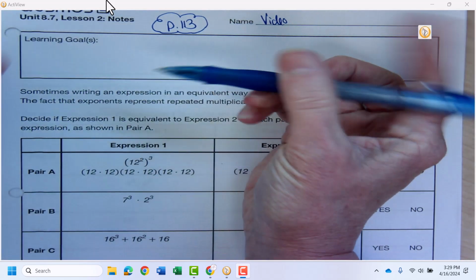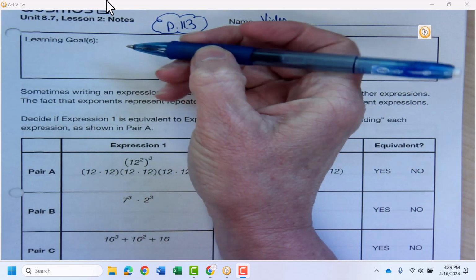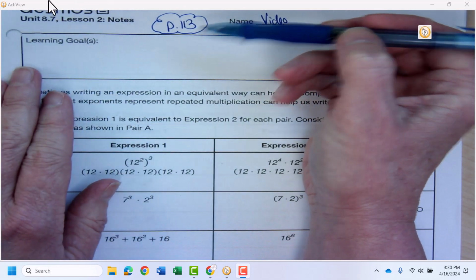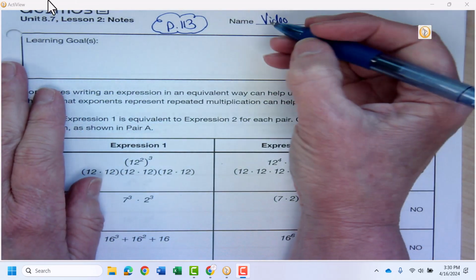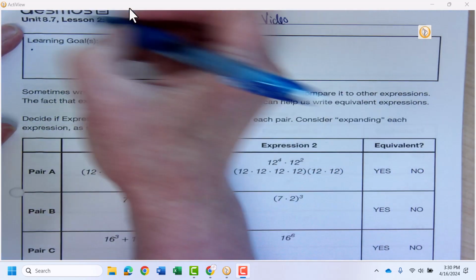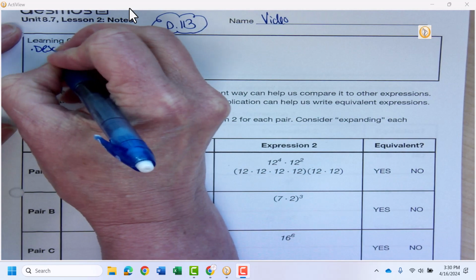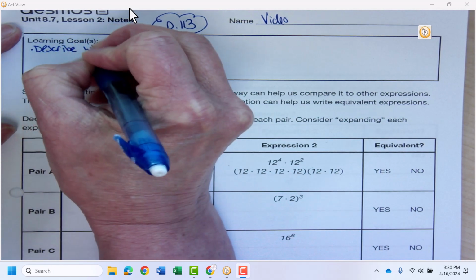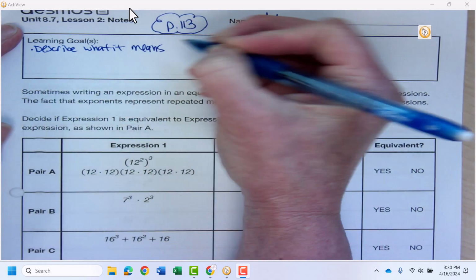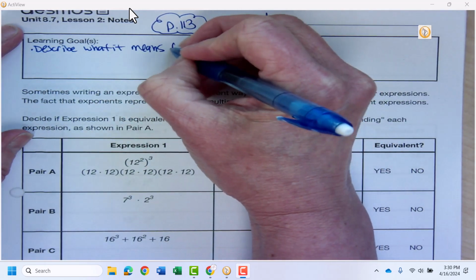Okay, hopefully we've worked through the lesson on Desmos, or the activity on Desmos. We're on page 113 to kind of nail down some of the things that we saw in that lesson. There's two learning goals today. The first one is to describe what it means for two expressions with exponents to be equivalent.